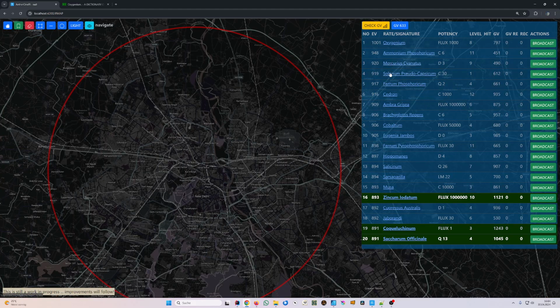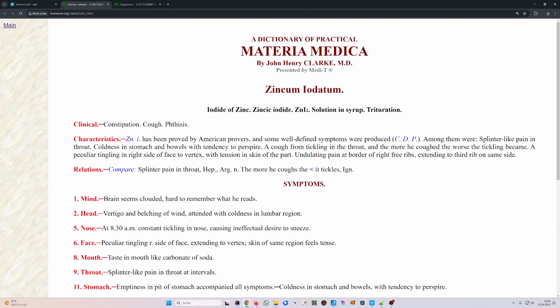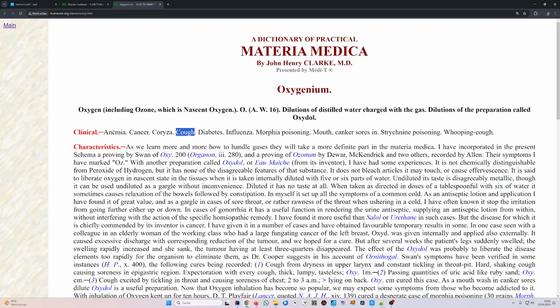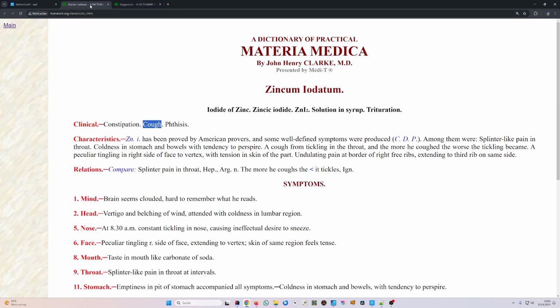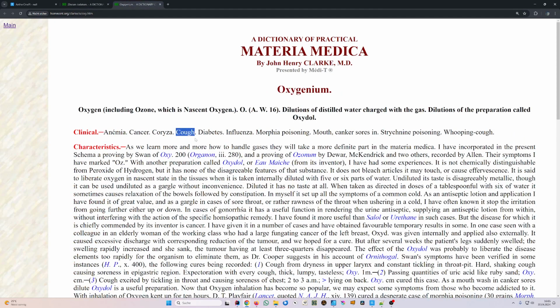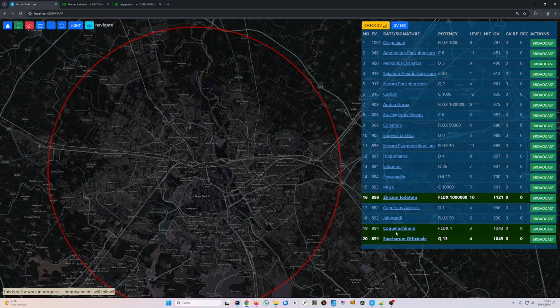So what I normally do is to take a look at the Materia Medica, the textbook of the homeopathic remedies. So here you see zincum iodatum, and it also contains cough, like oxygen has cough. So we see here a relation between zincum and oxygen. So the bad air brings the symptom cough.